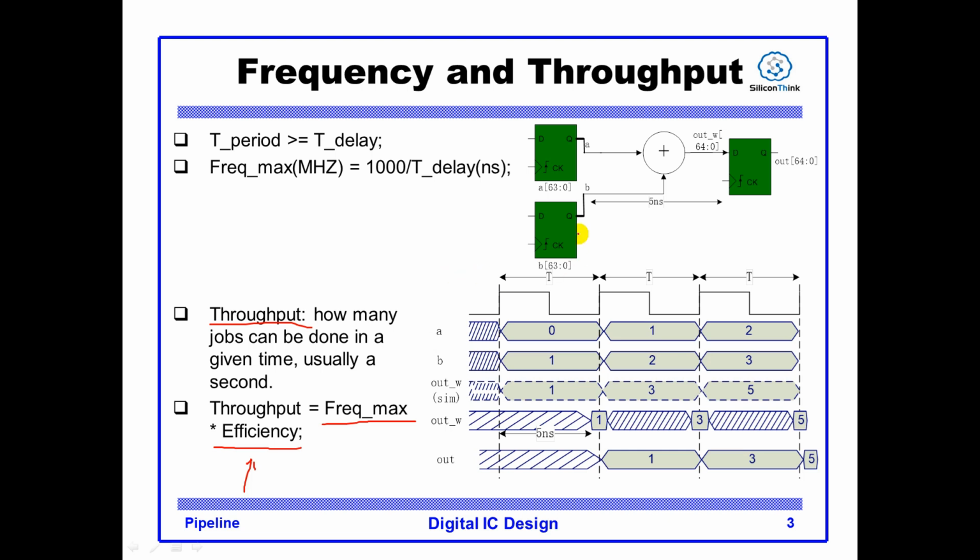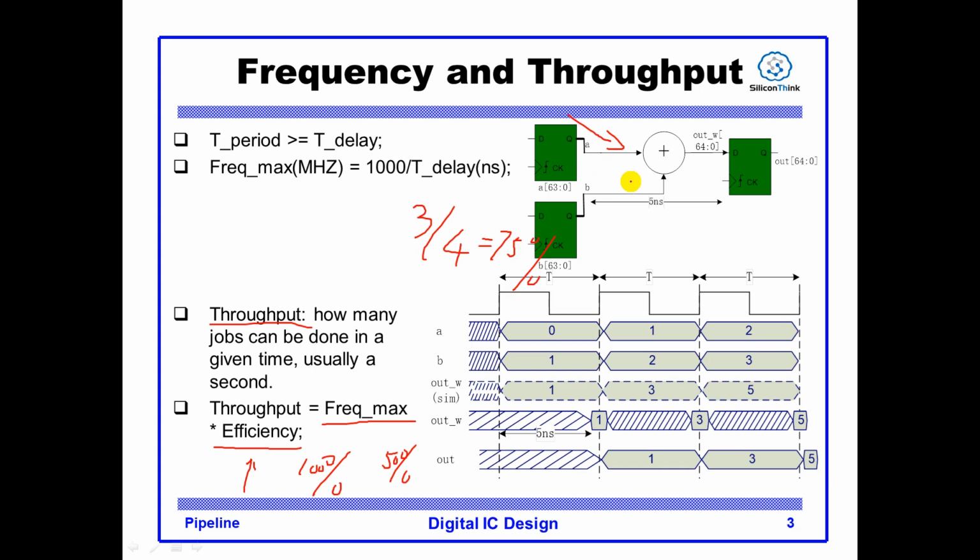For example, if you can give new data every cycle, the efficiency is 100%. If you can give new data every 2 clocks, the efficiency is 50%. And if you can give 3 data for every 4 clocks, then the efficiency is 75%.